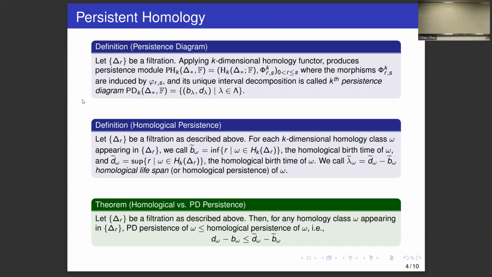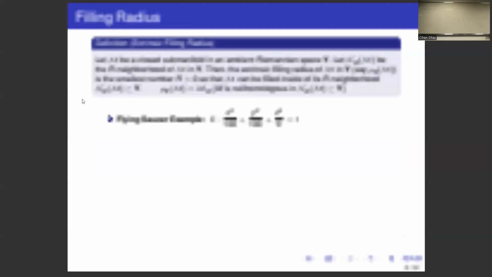That's why all my bounds about this guy and this guy always supersede this guy. So this is coming from persistence diagrams. This is coming from the homological persistence. And since I'm going to use geometry, I want to play with this guy, which I can control. Because the first time it appears in my filtration and it becomes trivial, I can understand them. But merging stuff is much more complicated for me.